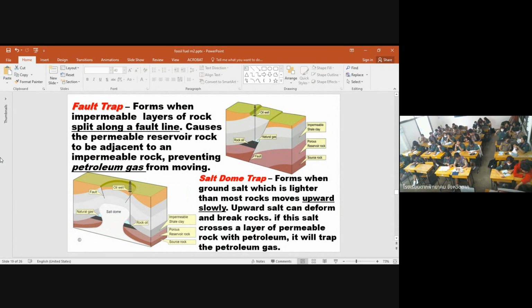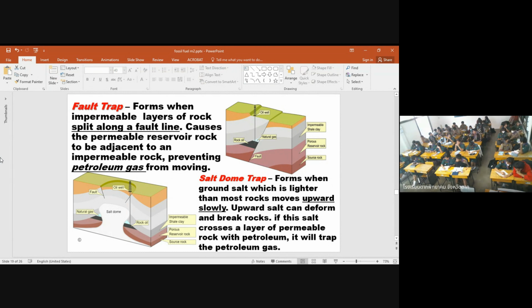We also have your salt dome trap. This forms when ground salt, which is lighter than most rocks, moves upward. The salt can deform and break rocks.